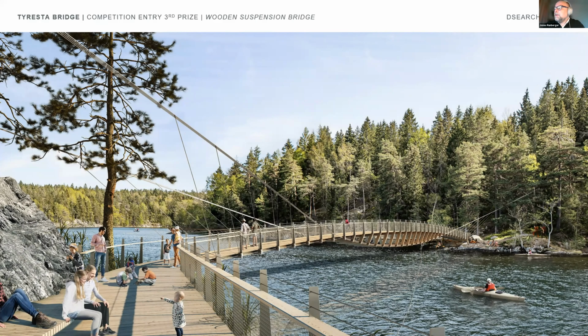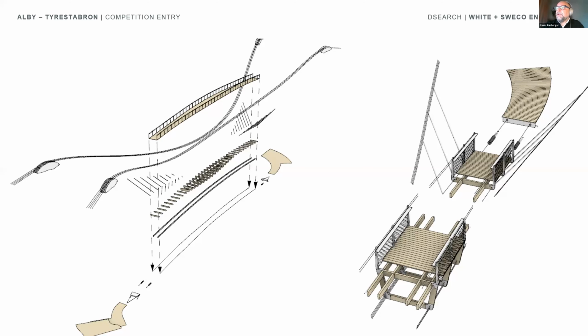So this is an example of a competition entry a few years ago, a hanging bridge, actually quite close to the other bridge location in southern Stockholm, where we also could explore ways of making, but primarily at the schematic level, the whole structure of the bridge. Unfortunately, I take the opportunity to say they decided on a concrete bridge because they felt it was better suited to the site, which is something that still puzzles me.